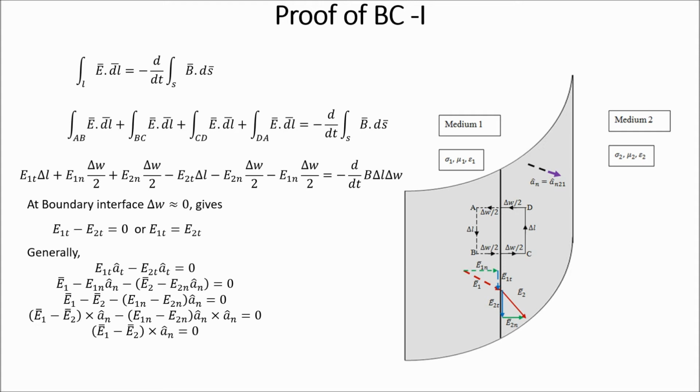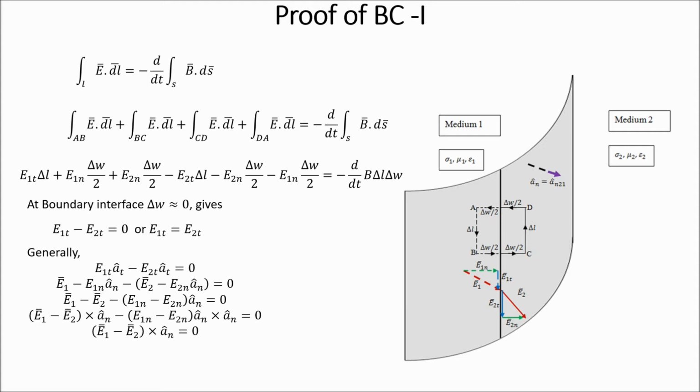So I write minus E2T, and the length is delta L. Similarly for D to A, the electric field is negative E2N delta W over 2 and negative E1N delta W over 2. And on the right hand side we take the surface, which is delta L times delta W.